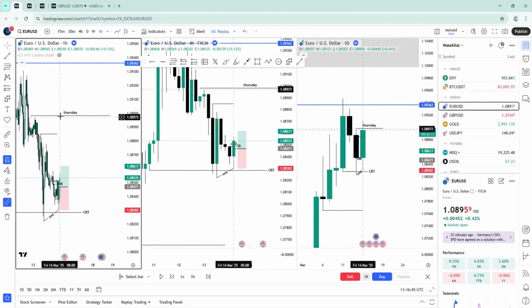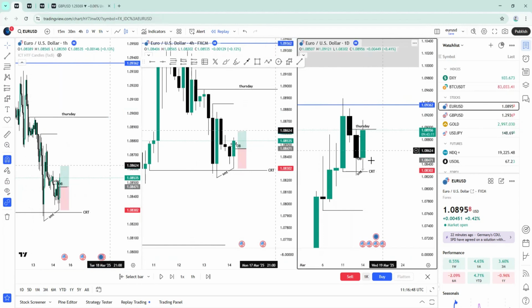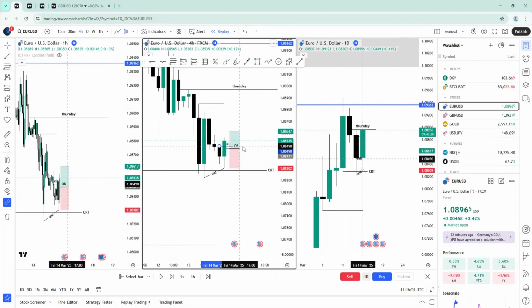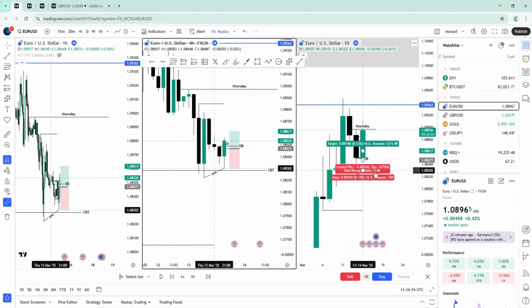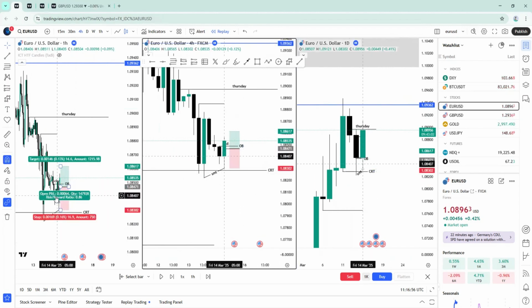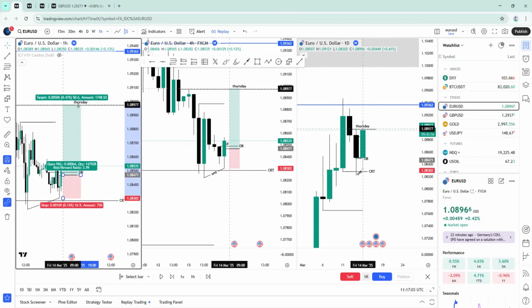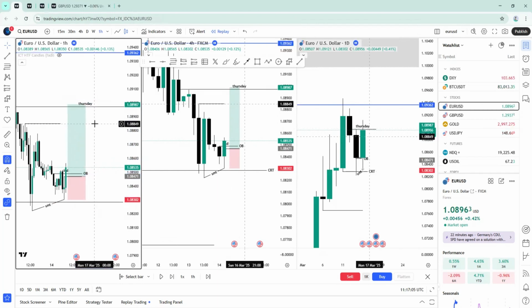So we can be targeting Thursday's high. All right, remember we have confirmed everything. We've confirmed our SMT, 4 hours confirmed, daily has confirmed our CRT as well, and now we have had an entry confirmation as well on the 1 hour, right? And then as we buy here, we can be targeting Thursday's high.